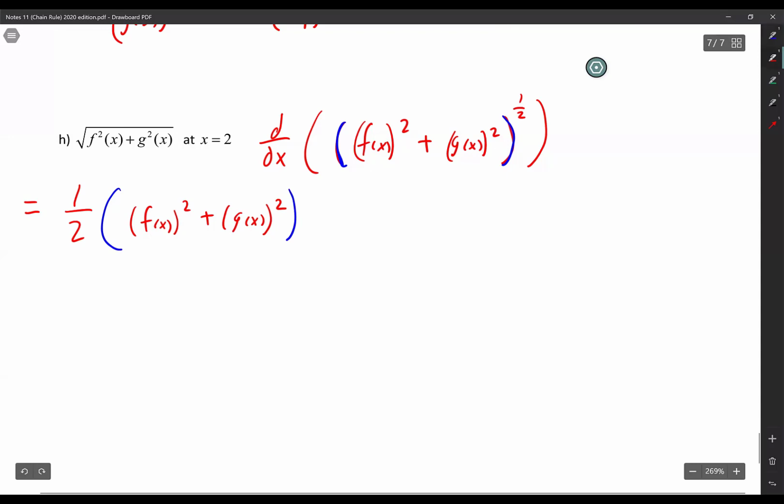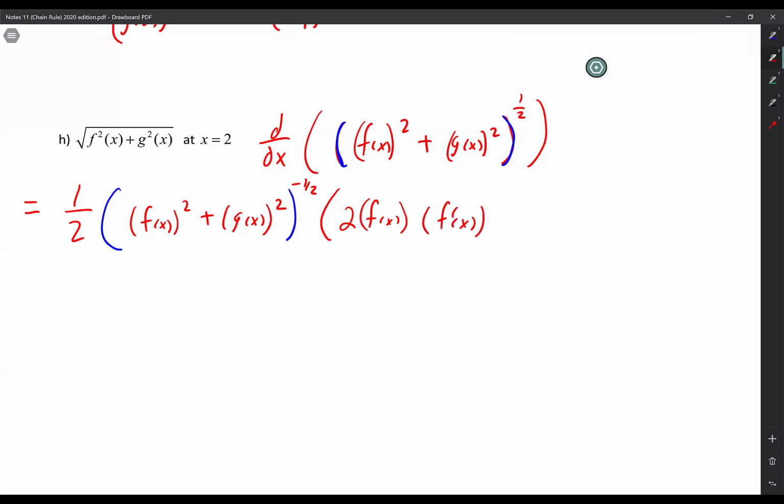I'm going to subtract 1 from the half, so that is a negative half. And now I'm doing the derivative of the inside. Notice I have f of x to the power 2, so that's going to be 2 f of x times the derivative of the inside, f prime of x. Are we okay there?